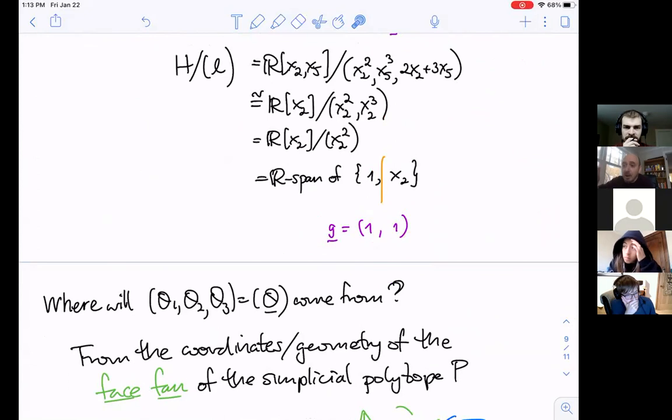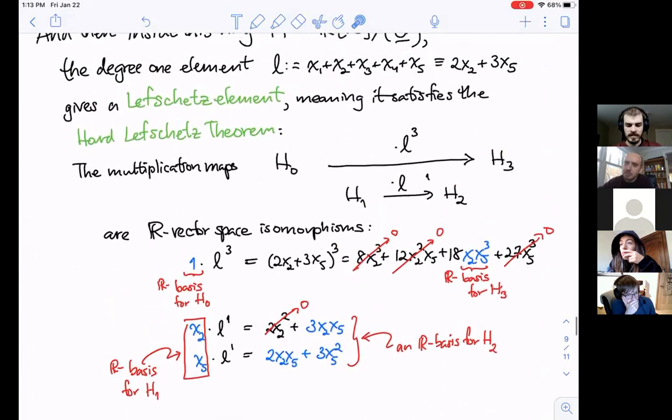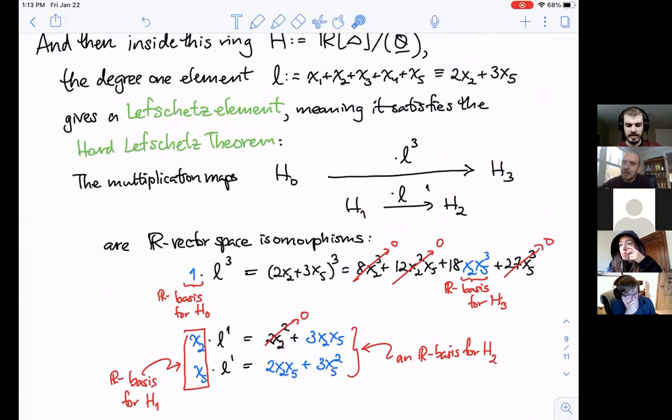So I have to take another thing of degree 1 to mod out by, and I will get a ring that interprets the g vector. That's the idea. But I'll do this computation more slowly next time. I don't want to go over by too much.